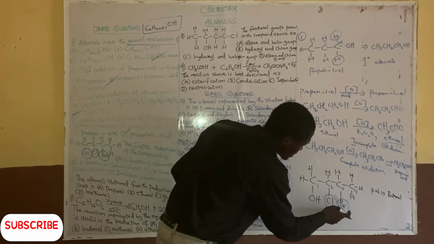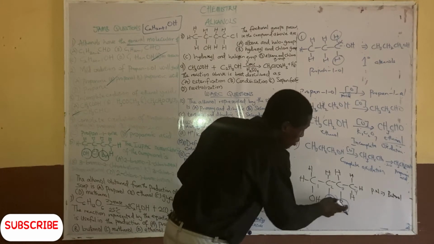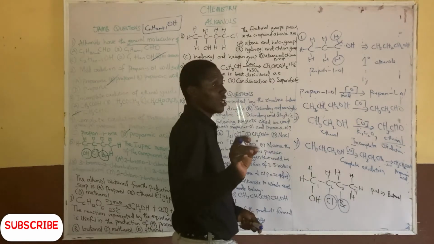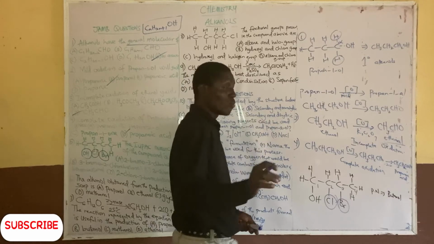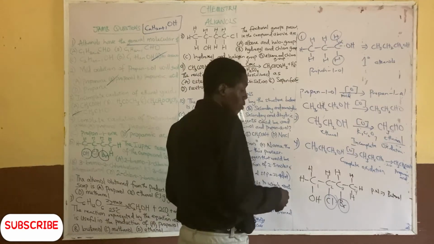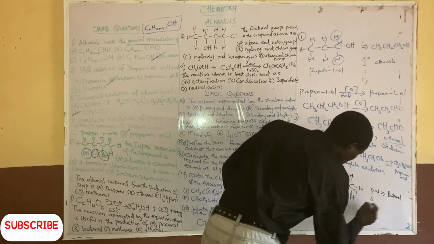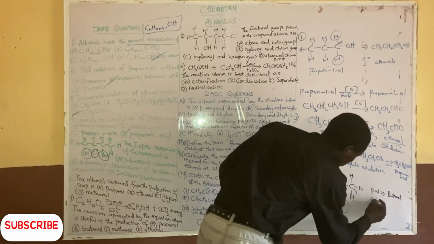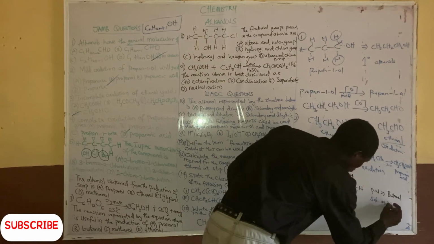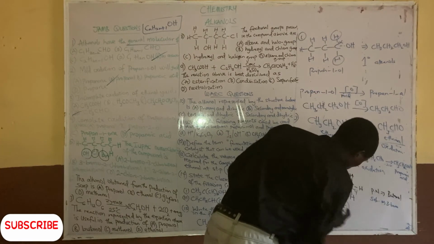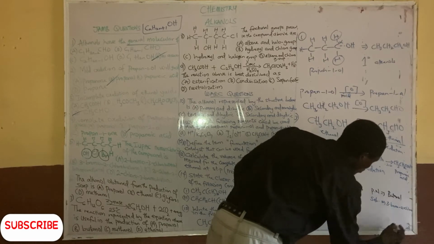Alphabetically, bromo comes before chloro, because bromo starts with letter B. So the substituents are 3-bromo and 2-chloro.